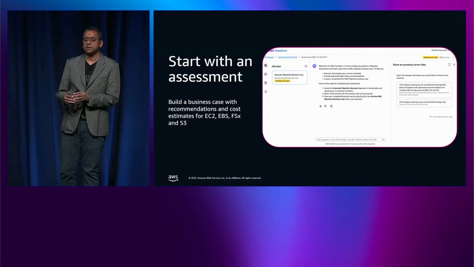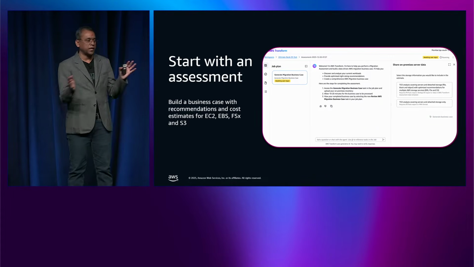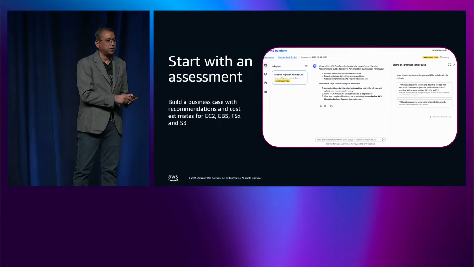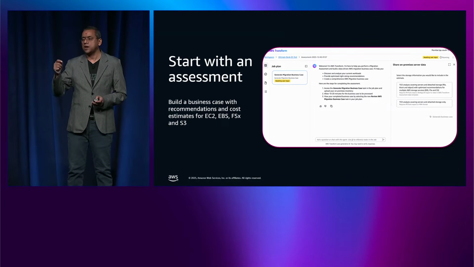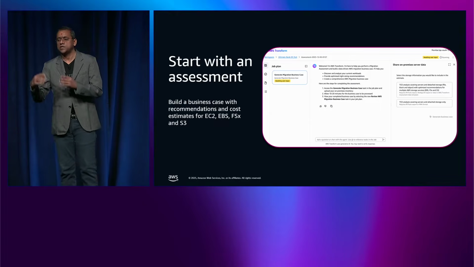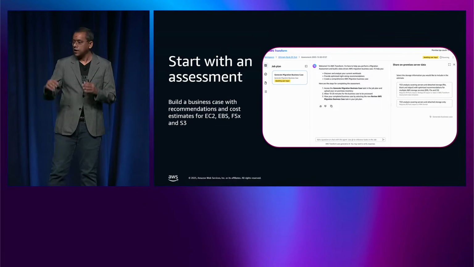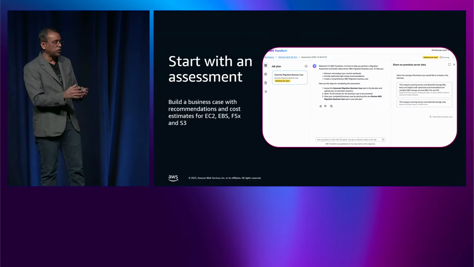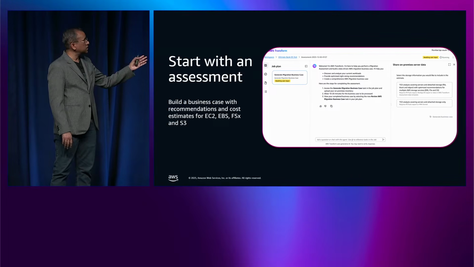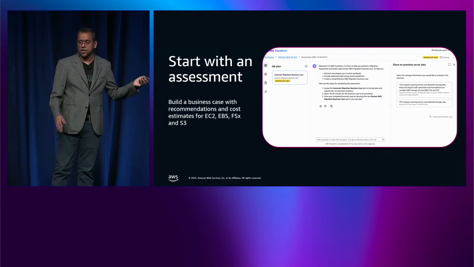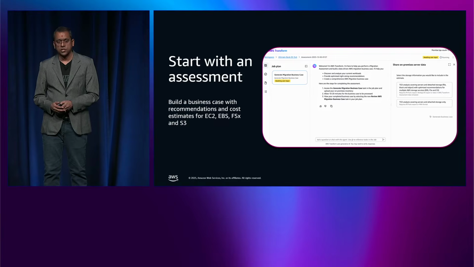So one thing that I have seen in all these migration projects which are happening, sometimes it is very hard to get started and figure out which application I should migrate first, how much it is going to cost, where am I going to provision. So the migration assessment agent that we have in AWS Transform, that is a good starting point.